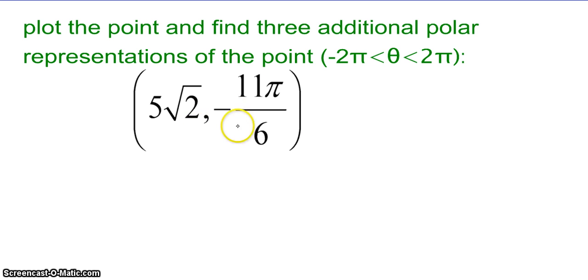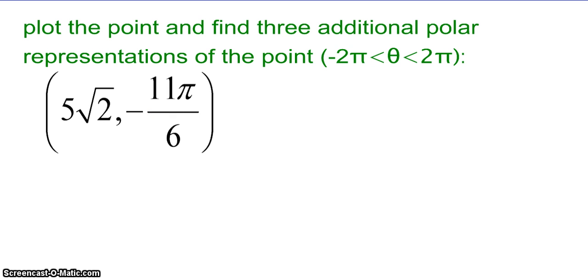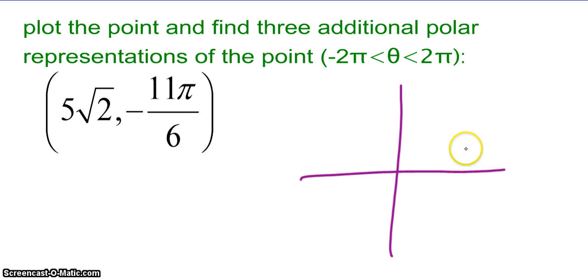So what about 5 root 2 comma negative 11 pi sixths? So first, where is negative 11 pi sixths? Well, that's going to be in our first quadrant, somewhere around here, and so I'm going to say this is the point 5 root 2 comma negative 11 pi sixths.